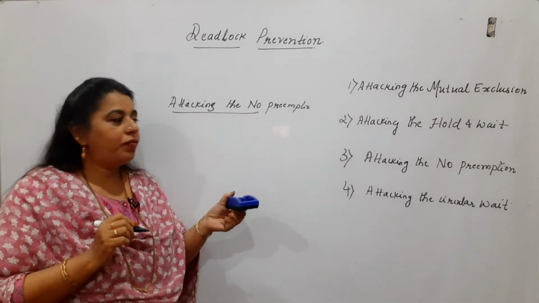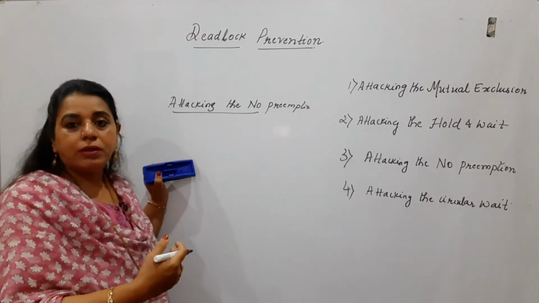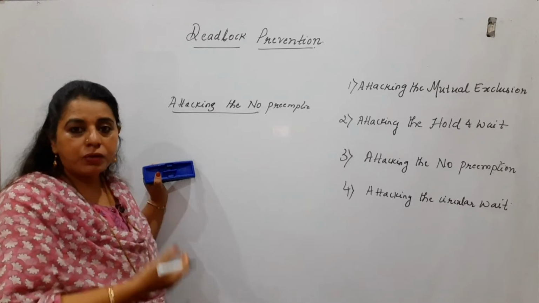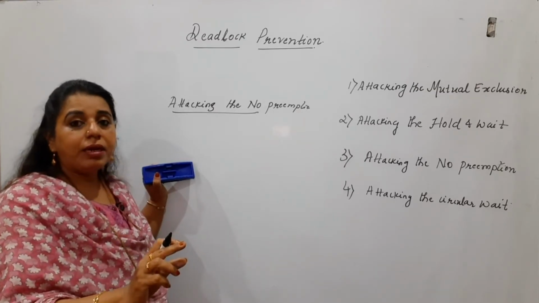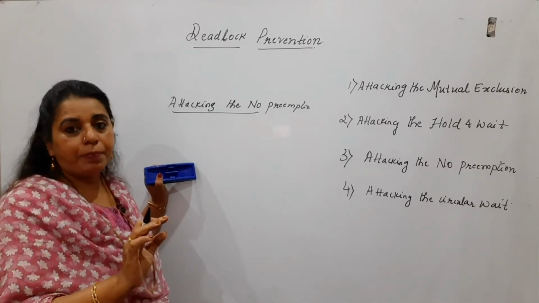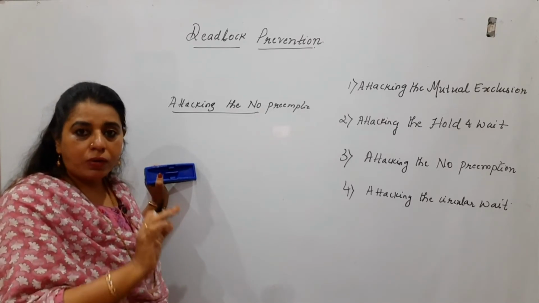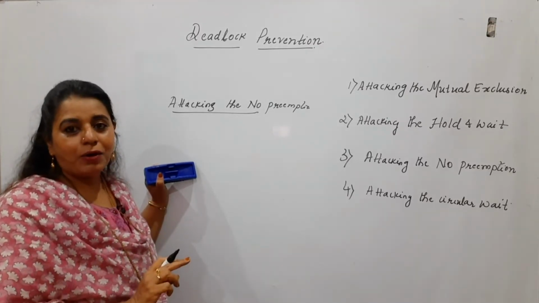Here you can definitely carry out attacking the no preemption. You can make the process release its resources. The system can forcefully take away the resources from the process, but at the same time see in which particular status the process execution is. If the process is about to complete its execution and you take away the resources, then it is a costly affair.